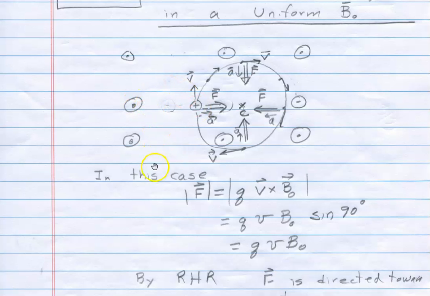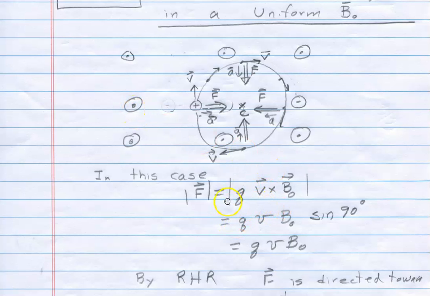And so, first thing I would probably do is calculate the magnitude of the magnetic force on the particle. I'm assuming this v is in the plane of the paper and that B is perpendicular, coming out at us.